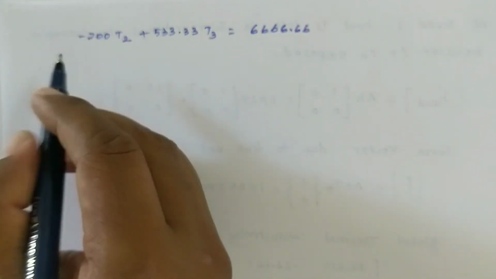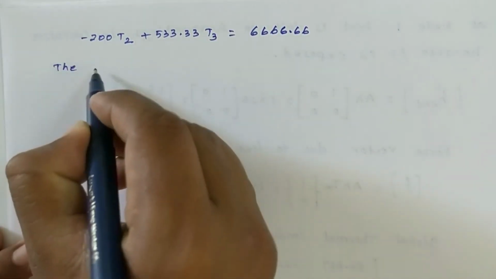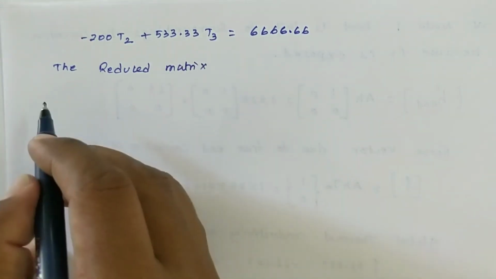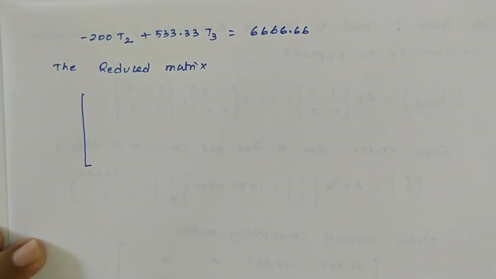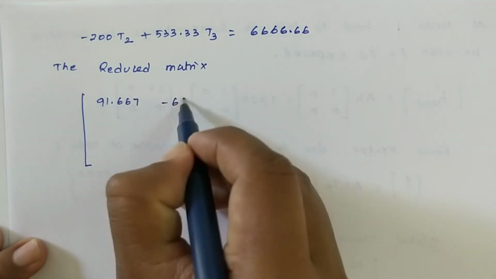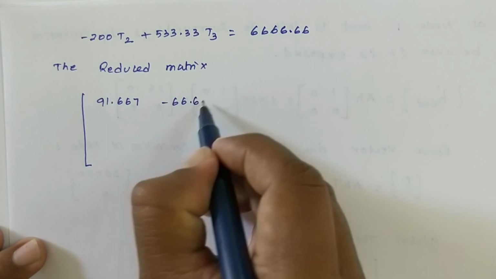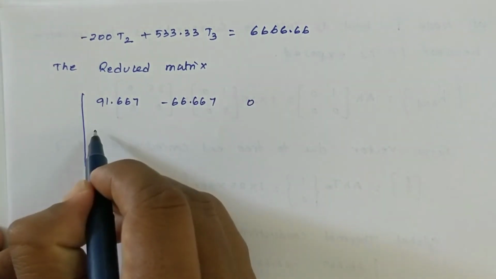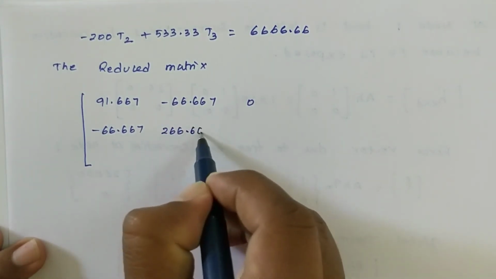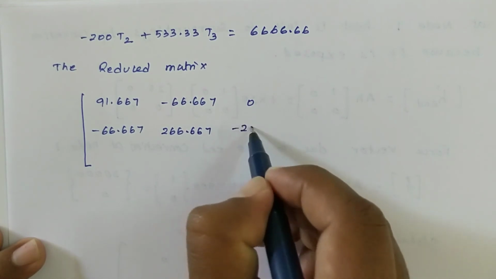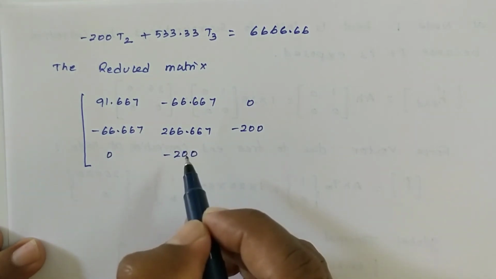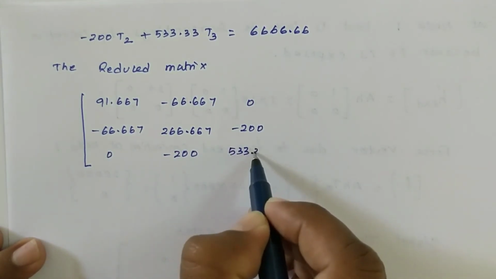Now the reduced matrix can be written like this: 91.667, minus 66.667, 0; minus 66.667, 266.667, minus 200; 0, minus 200, 533.33.